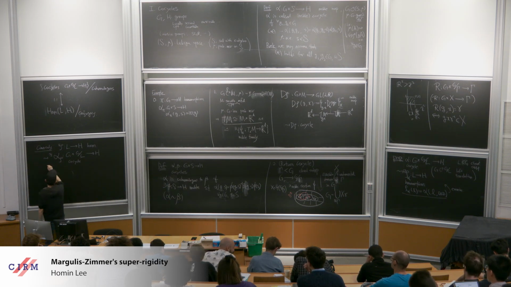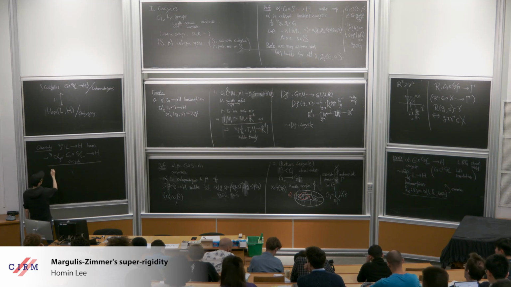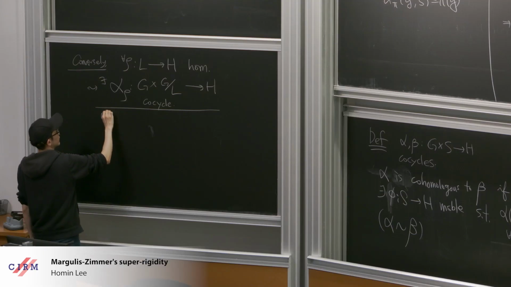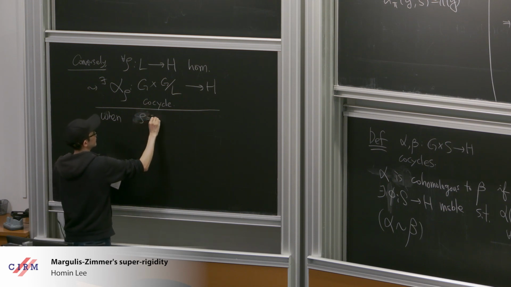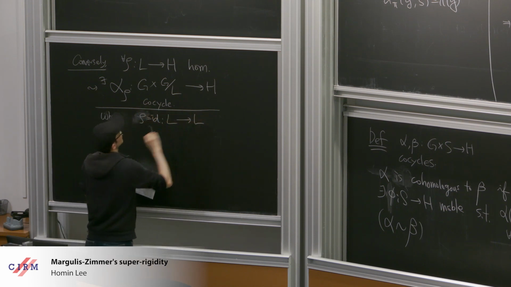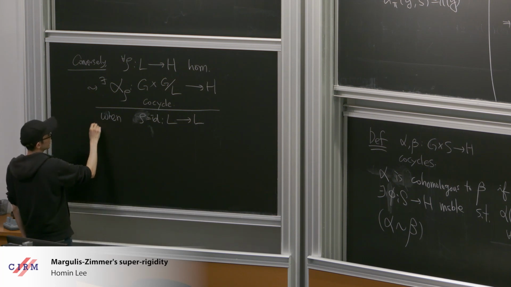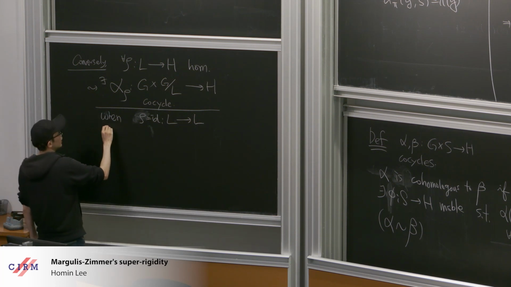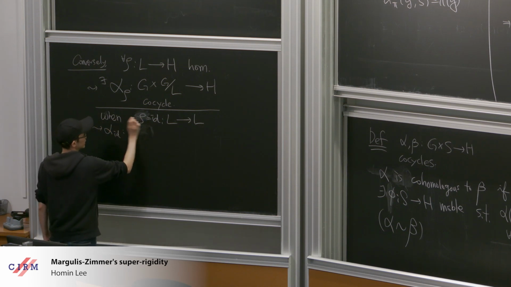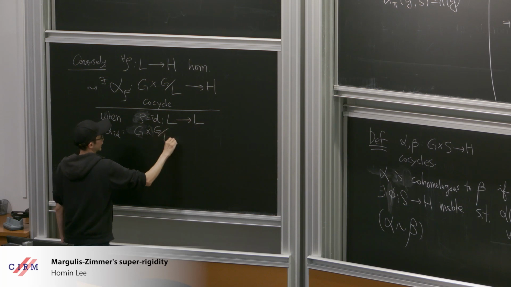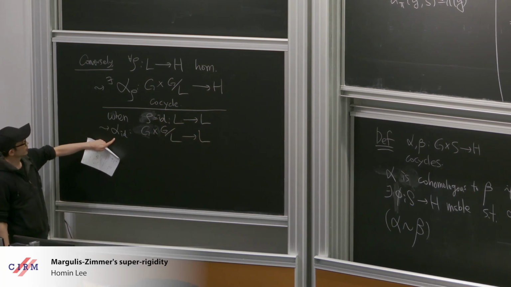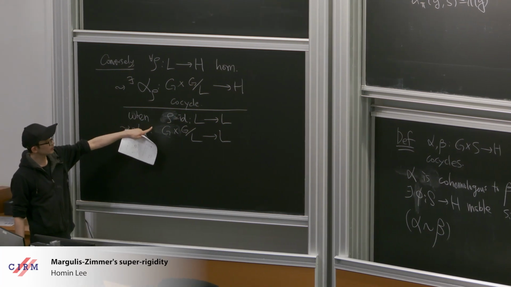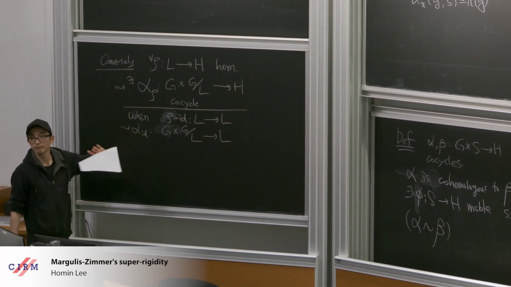I will only prove it when rho is the identity from L to L. I want to construct alpha identity from G times G mod L to L. So I will construct alpha corresponding to the identity homomorphism, but in the general case, you can do it by yourself.